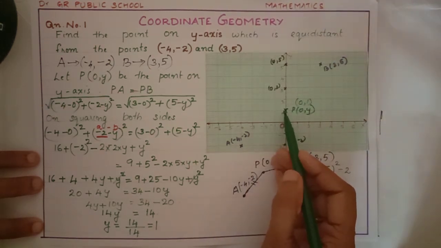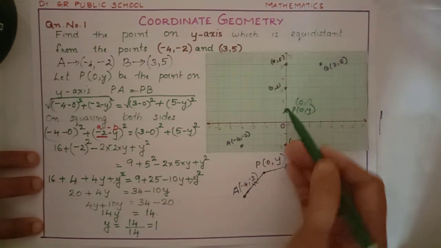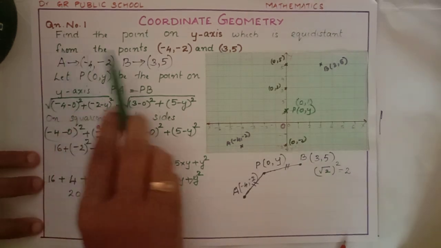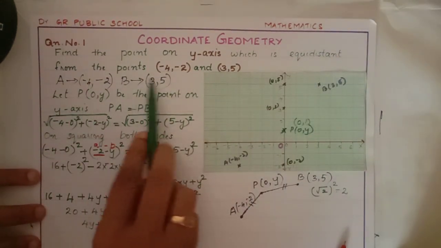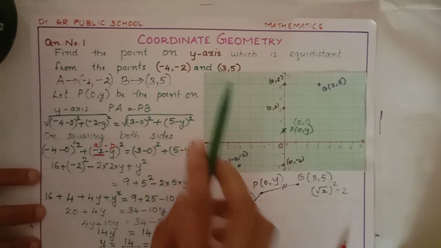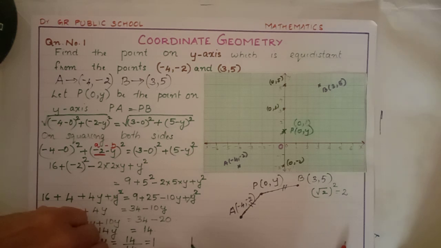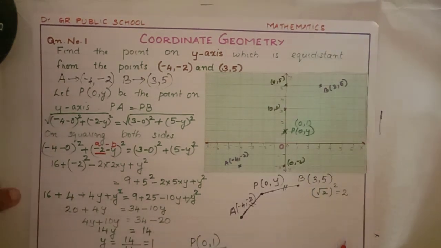This point is at equal distance from A as well as B. Okay, children. So the point on the y-axis which is equidistant from the points (-4, -2) and (3, 5) is the point P, which is (0, 1). Okay, so this is the answer.